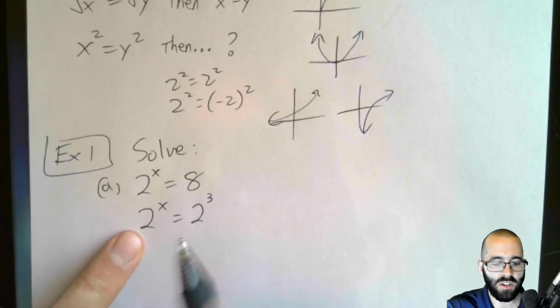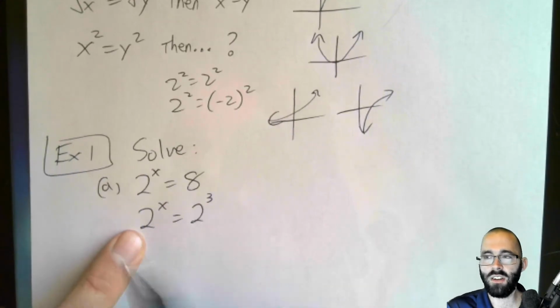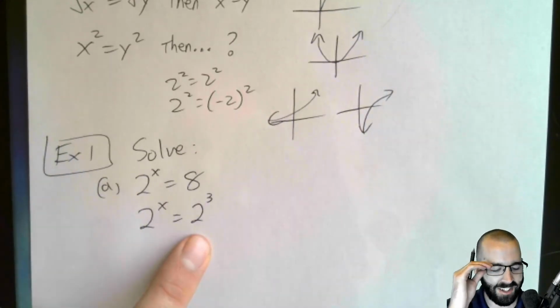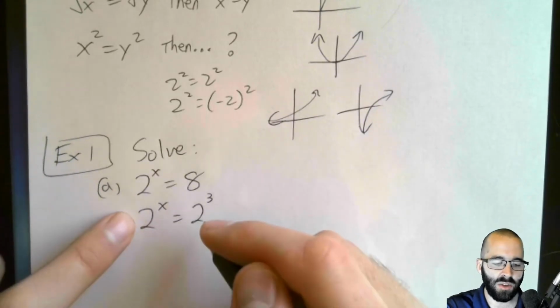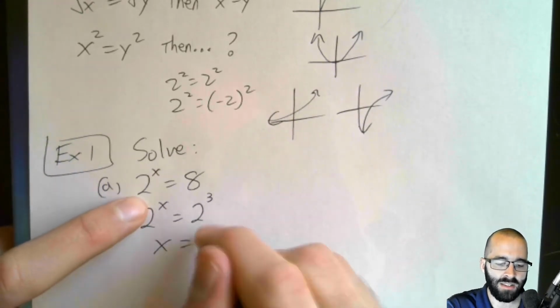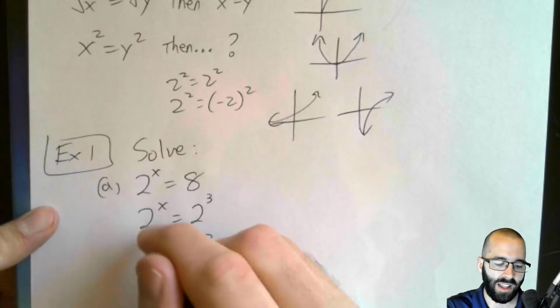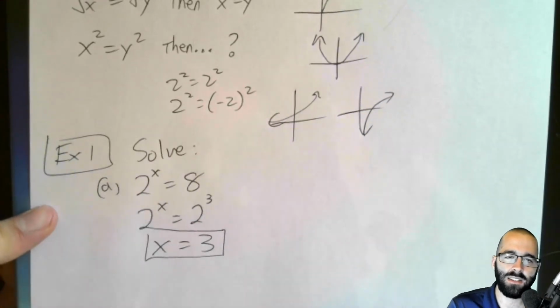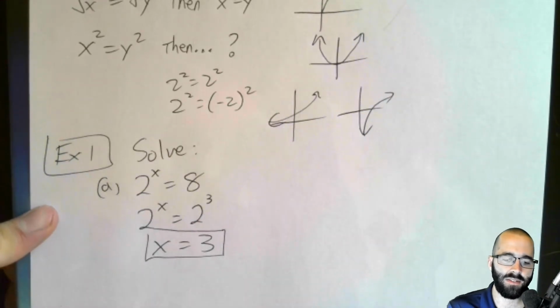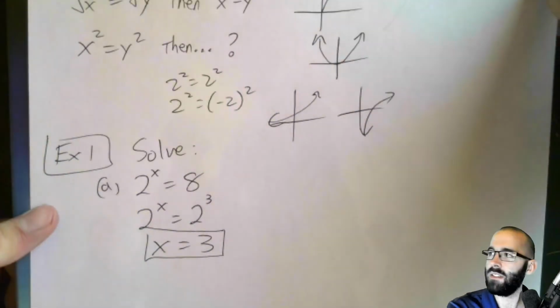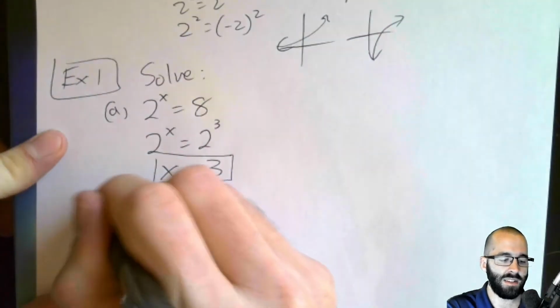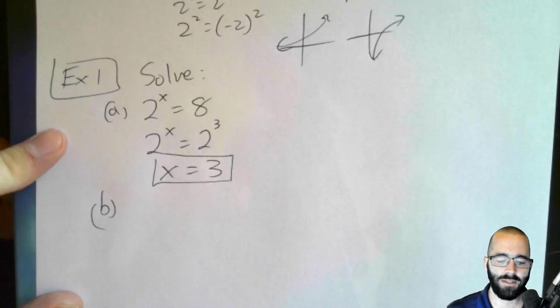Now this is an exponential function over here, an exponential function over here, and because they're one-to-one, the exponents have to be equal. We're going to get that x is equal to 3. And that's the summary of this entire video.